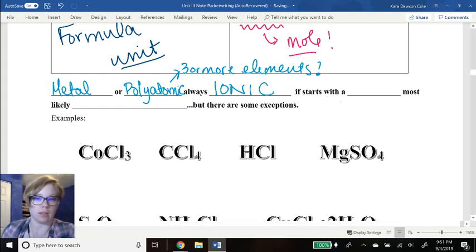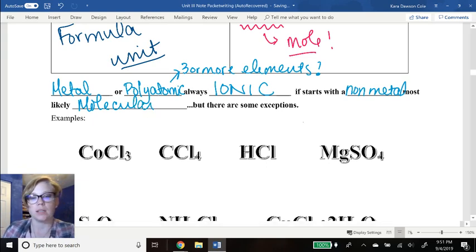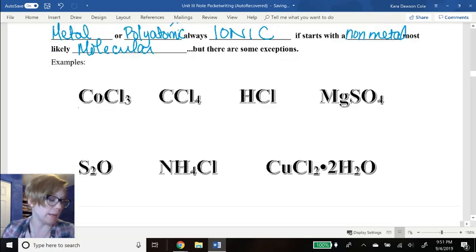And if it starts with a nonmetal, it's most likely molecular. Again, the only exception is if I've got 3 or more elements. So let's look at some examples for identifying molecular or ionic.